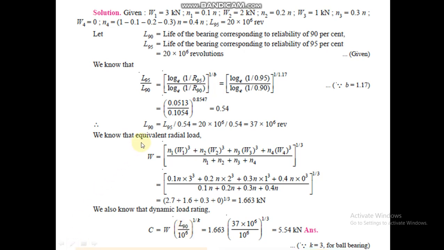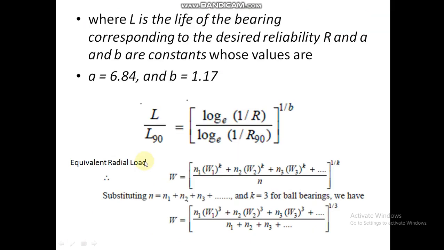W is the equivalent radial load, and its formula we have discussed in the third part. W is equal to N1 W1 cube, where cube is K, K is 3 for the ball bearing, plus N2 W2 cube plus N3 W3 cube, divided by N1 plus N2 plus N3, raised to power 1 by K, that is 1 by 3.